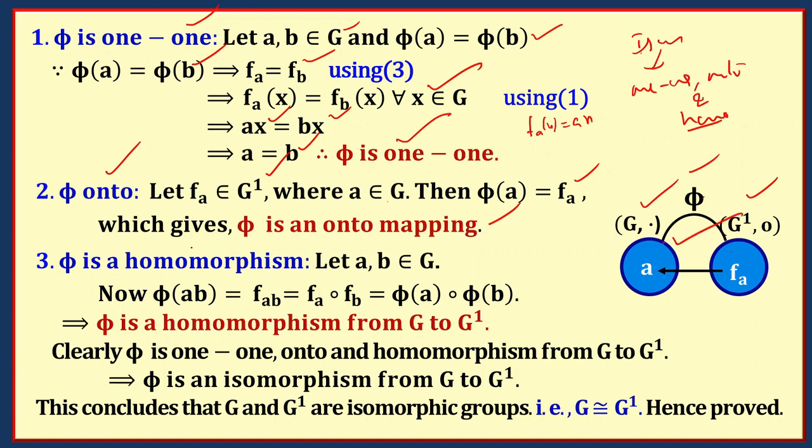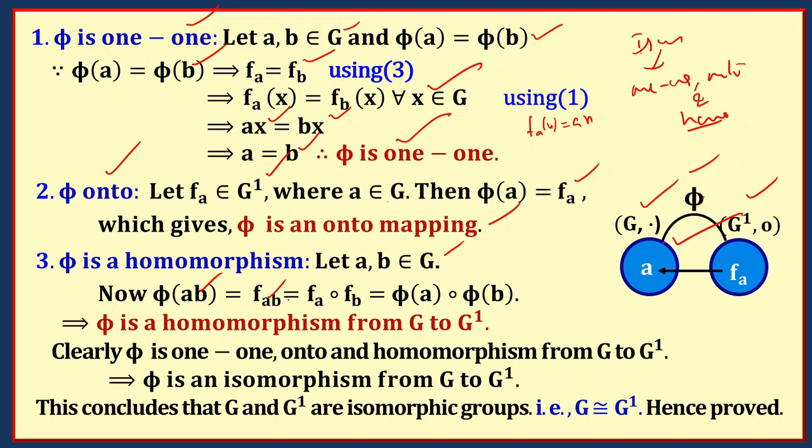Third one, homomorphism. Let a, b belong to G, two elements in G. Now pi of ab, using 3, pi of a is f_a, pi of b is f_b, and pi of ab is equal to f_ab.